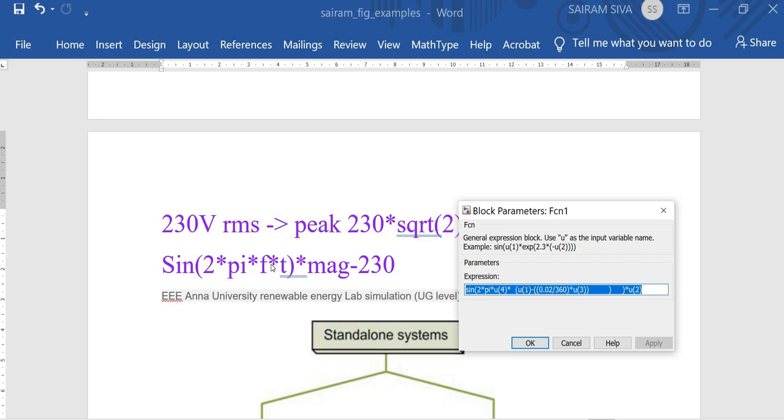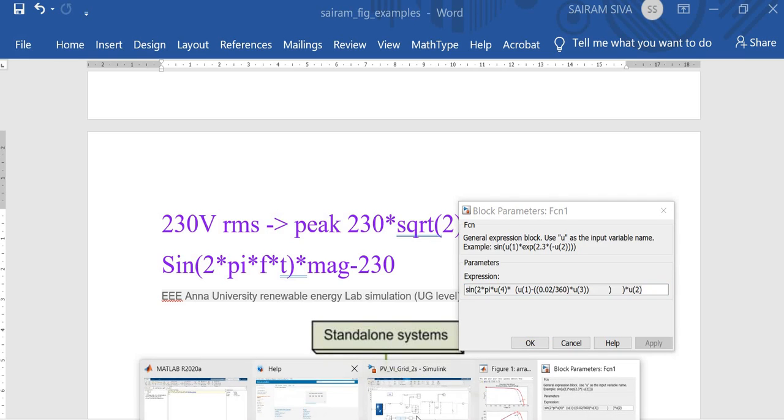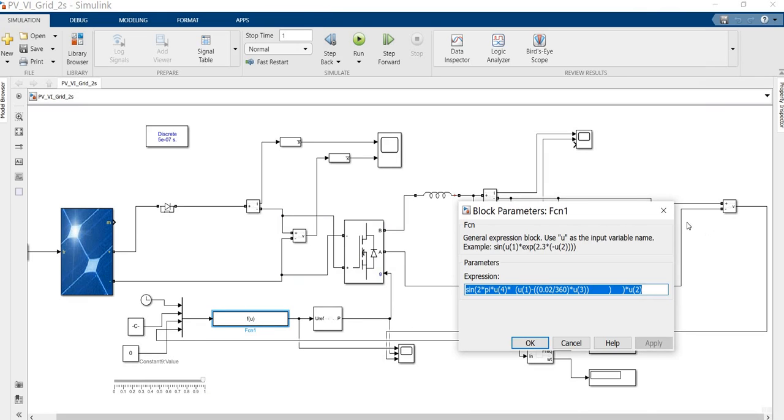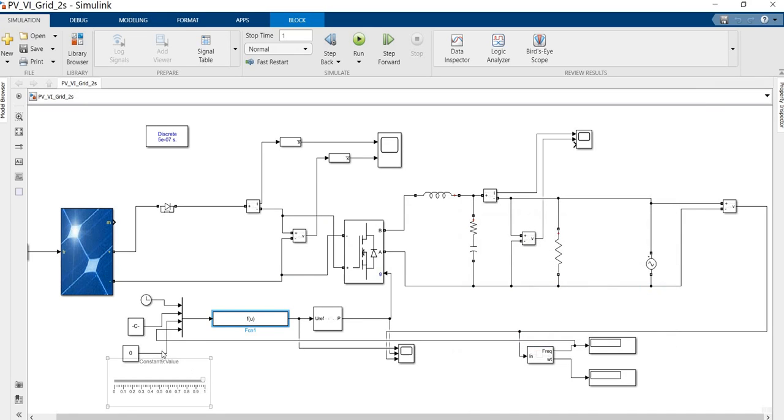Next, u of 4. I am going to put a mux for the input of this MATLAB user defined function. This is the MATLAB function. So the fourth value is this: this one is 1, then 2, then 3, and this is the 4.